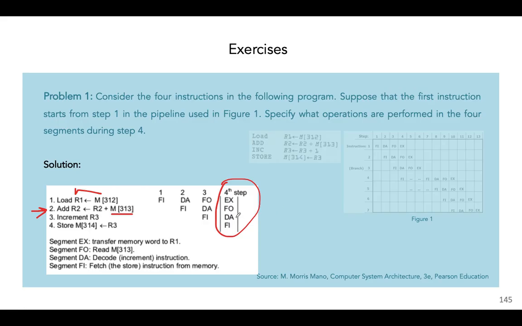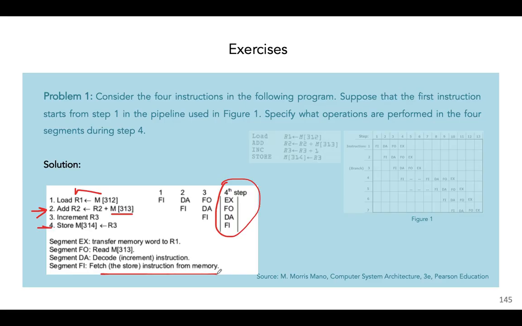For the third instruction, it is in the decoding phase. The increment instruction is being decoded. For the fourth instruction, it is still being fetched from the memory. And that is all you had to do in this question.